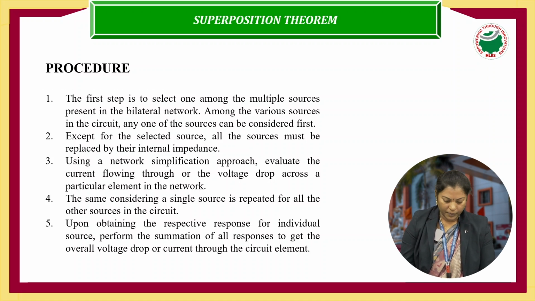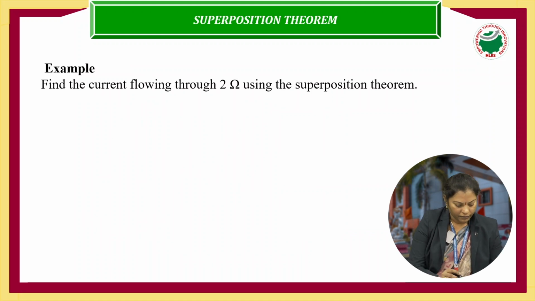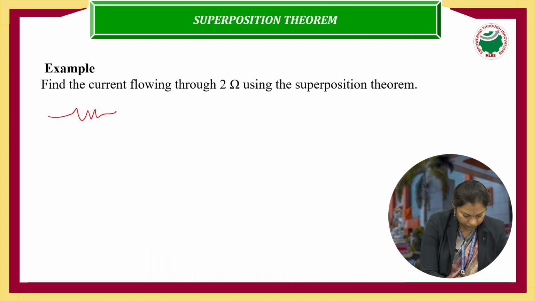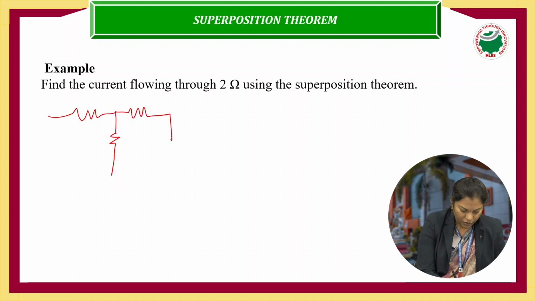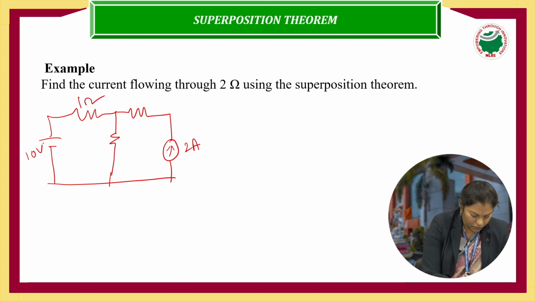I will explain by taking one example. Consider one circuit which contains two sources: one is a voltage source, and the other is a current source.